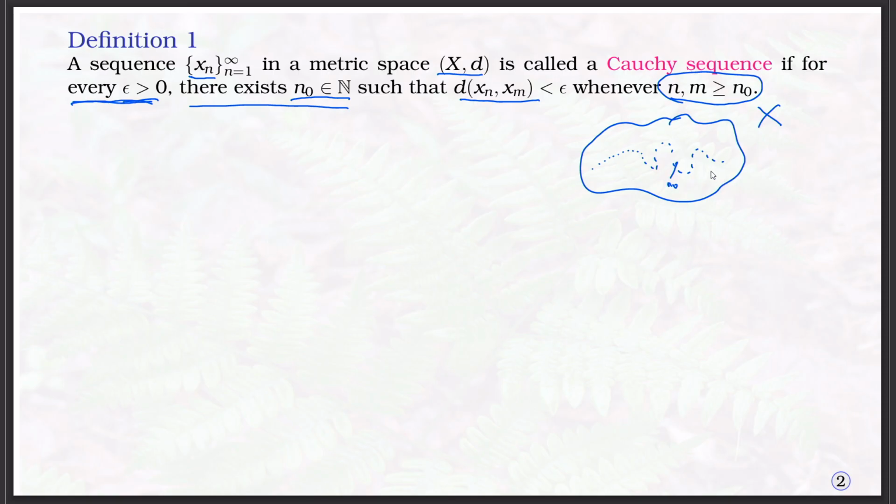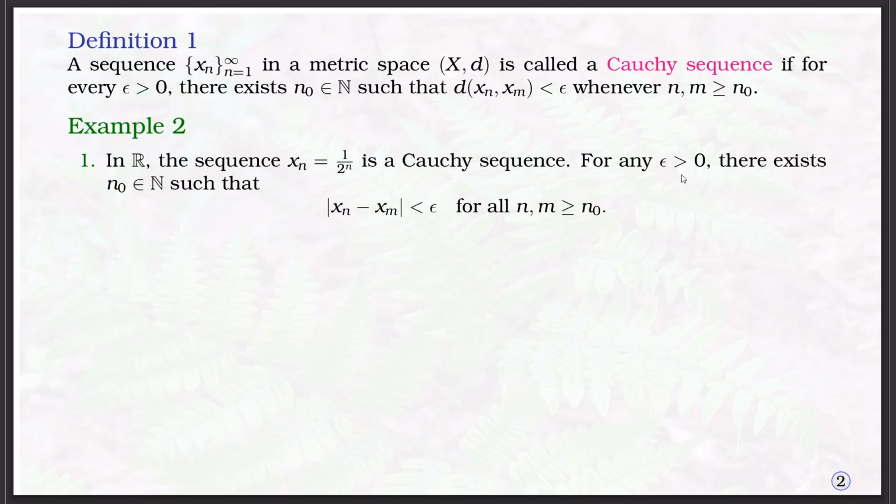So, in a Cauchy sequence, it does not allow too much variation after a certain stage. The points are not moving here and there in a random manner; the distance is uniform after a certain step n naught.